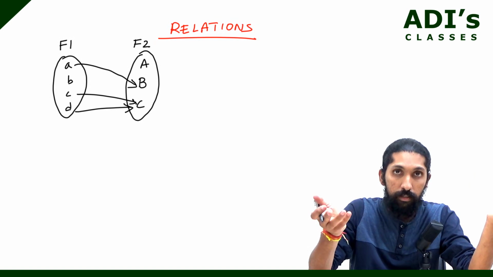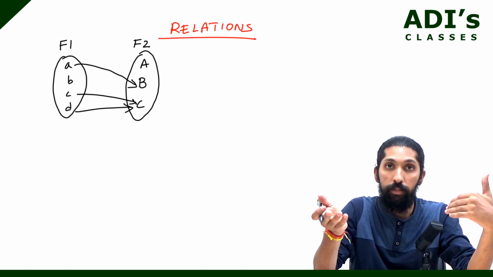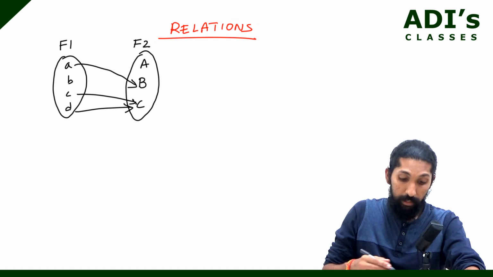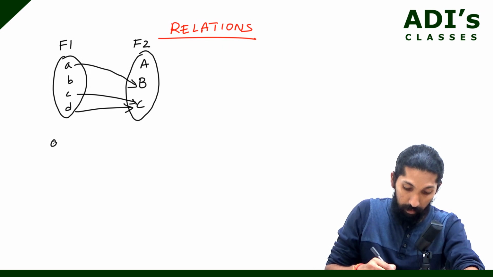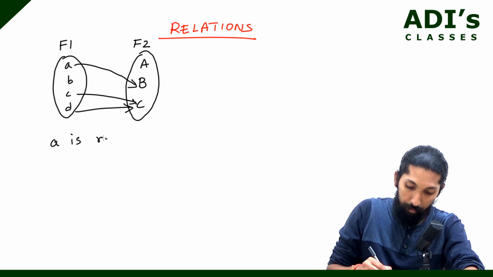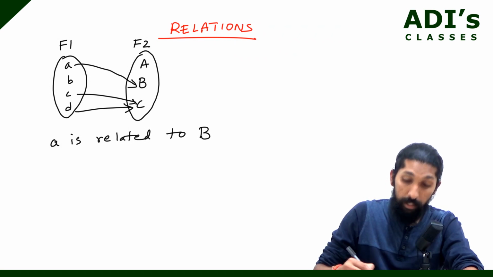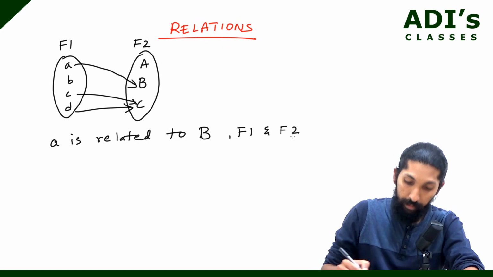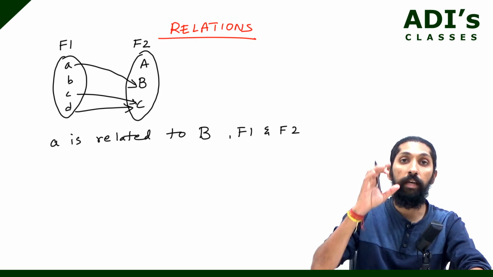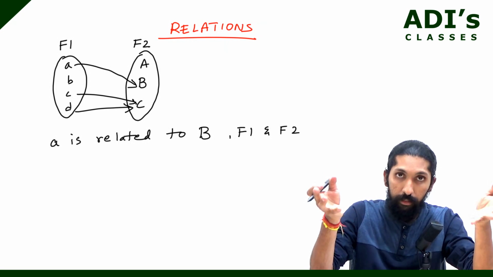Like, they're first cousins, correct? So here there is a relation between two sets, isn't it? So we can say that A is related to B, in sets F1 and F2, correct? So a relation is always between two sets, isn't it?